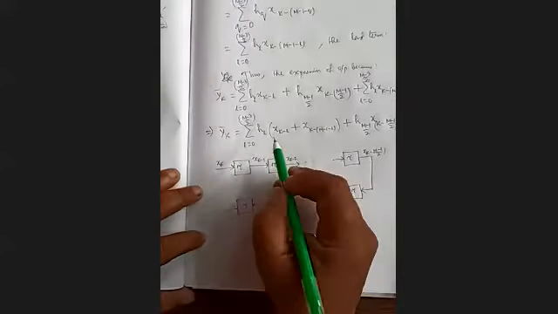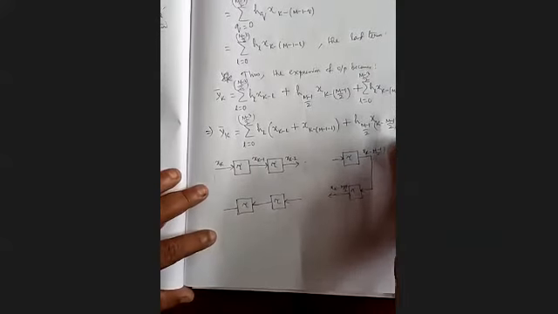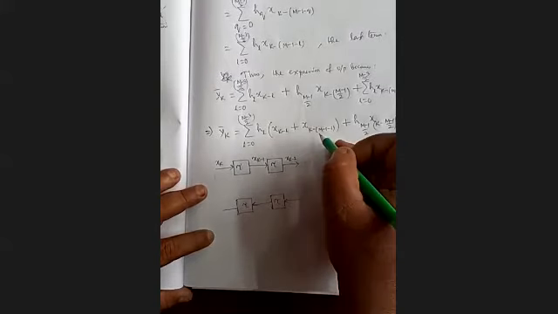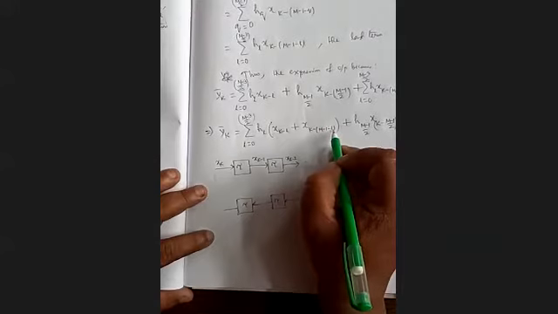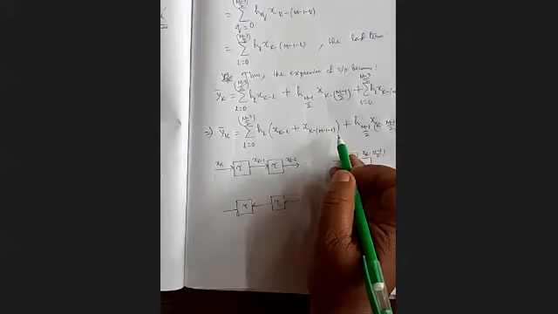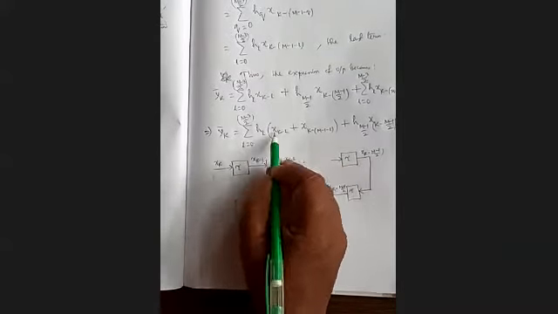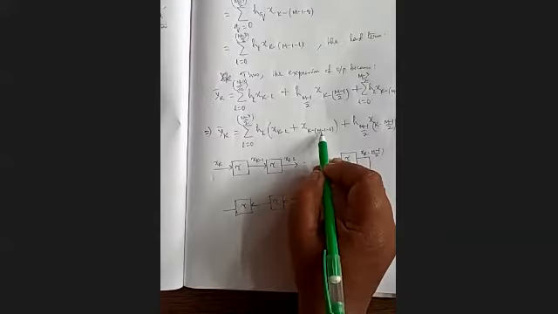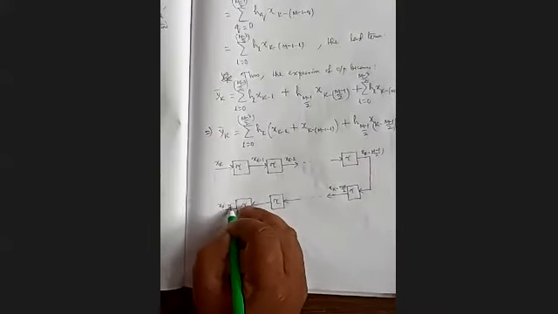Note that here the last term is what? You put L equal to m minus 3 by 2. If you put L equal to 0, it is x k, and the other term is x k minus m plus 1.